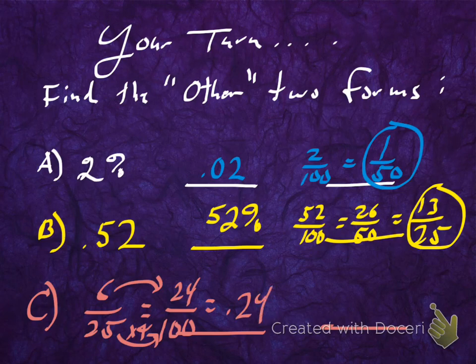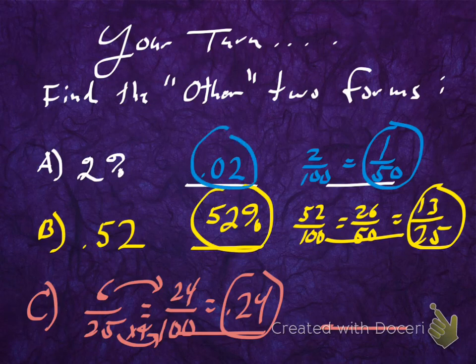Now, I could have reduced it back to 6 over 25. That wouldn't make any sense. But I get 0.24 as a decimal. Okay? And actually, I take back what I just said. I didn't really actually go out of order. I did find the decimal. I just did it using a fraction method instead of by long division. And then finally, the last step on this last one is very simple. Move the decimal 2 to the right, and you get 24%. Okay? So that's what you should have got for those 6 problems.